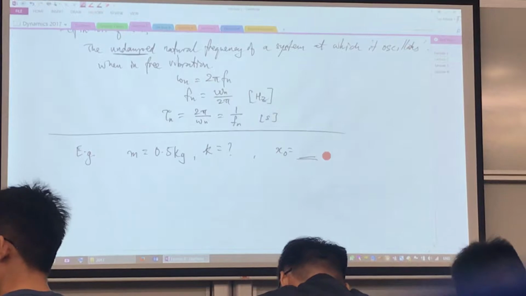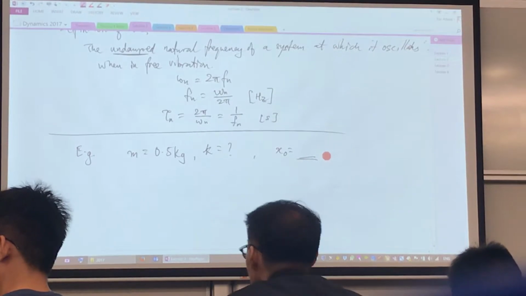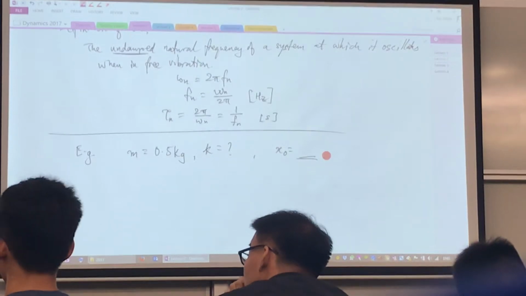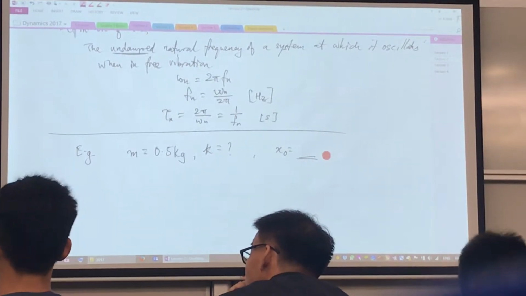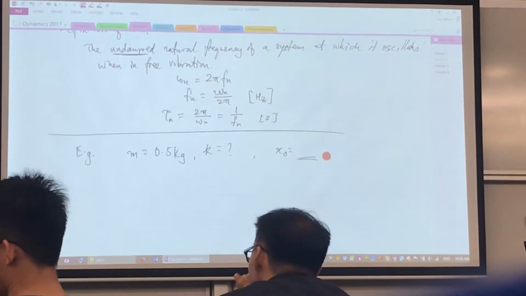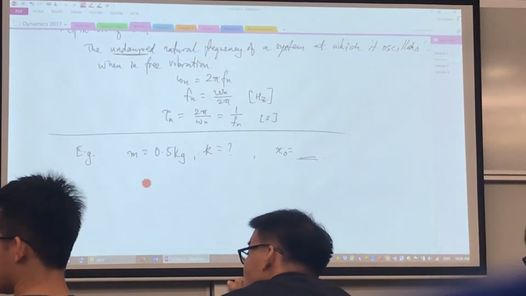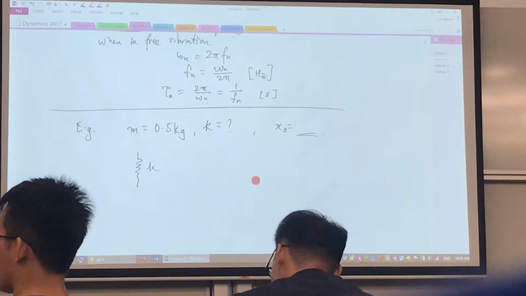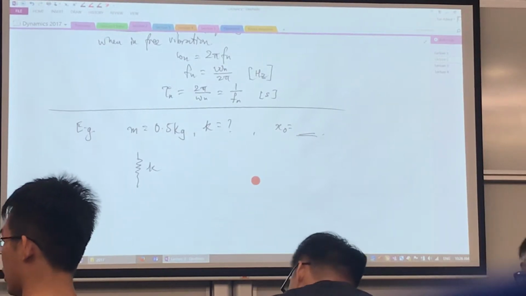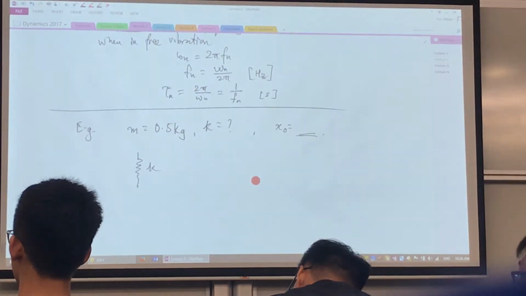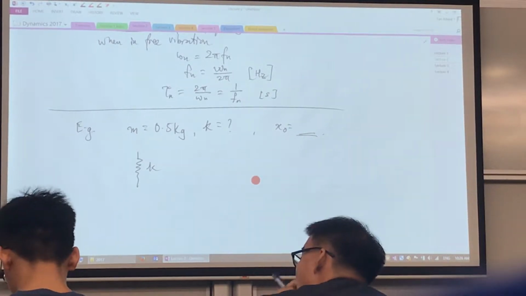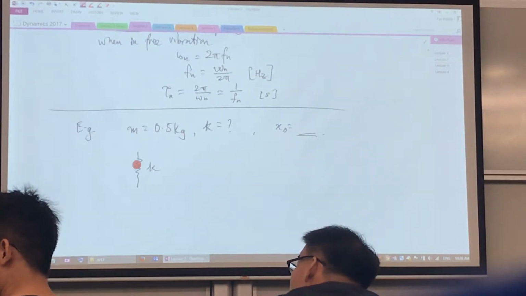Let's try to do some measurement. Imagine there's a spring with a certain mass, and under its own mass this spring will get extended. The mass of the spring is 0.5 kilograms.